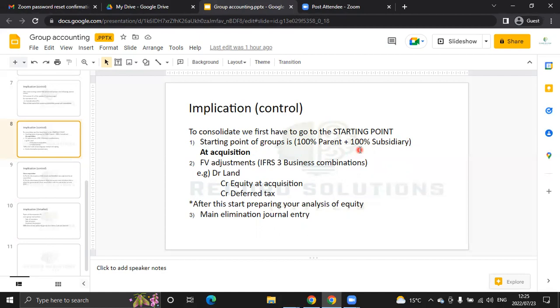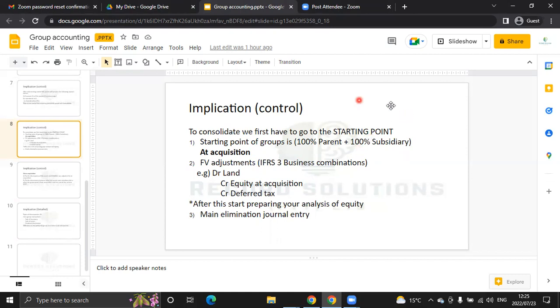All the subsidiary's financial statements, it's going to add 100% of them to the financial statements of the parent. So it adds all of the assets of the subsidiary to the assets of the parent, all of the equity of the subsidiary to the equity of the parent, and all of the liabilities of the subsidiary to the liabilities of the parent. That's the starting point.